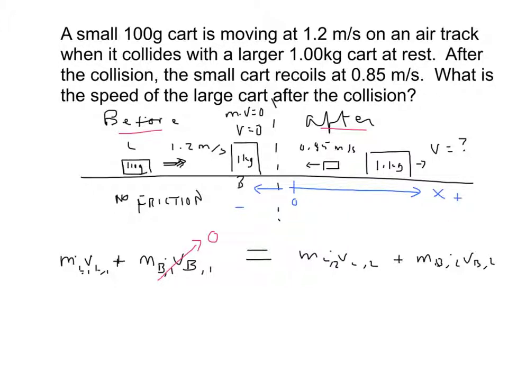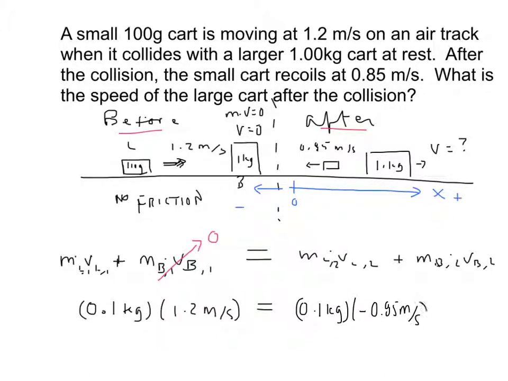Now we have on this left side here 100 grams, or 0.1 kilograms, times the velocity 1.2 meters per second, and we know that's in the plus x direction as we've defined it, so I'm making this positive. That's equal to now the same mass, 0.1 kilograms, times negative 0.85 meters per second, plus 1 kilogram times the unknown velocity.